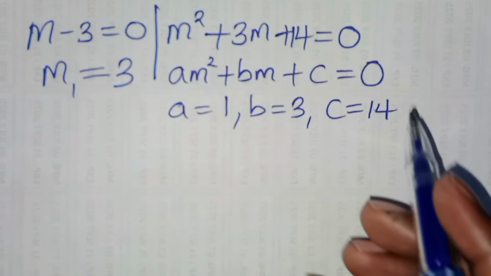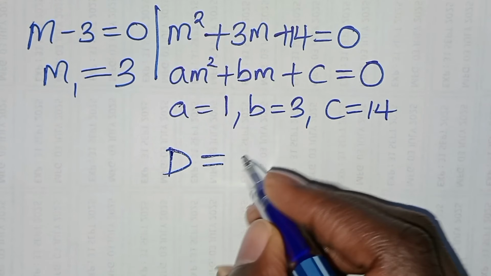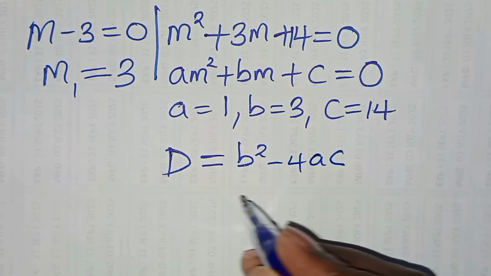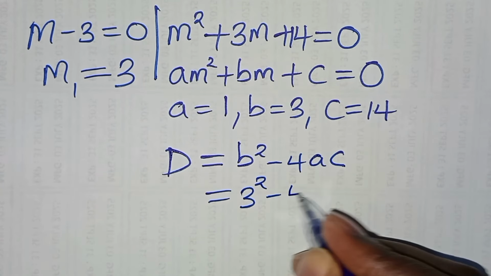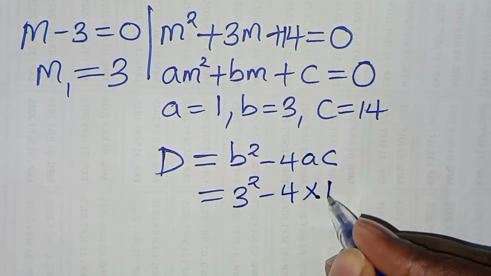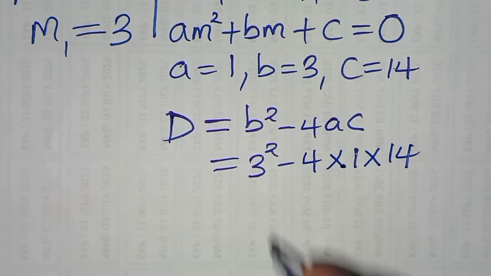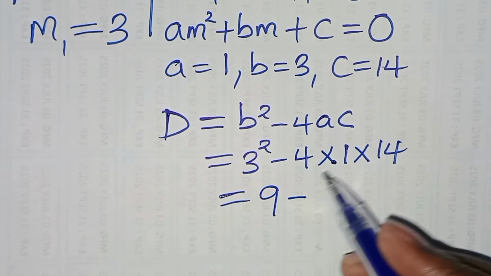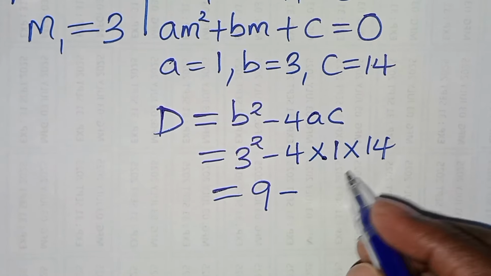So let's take the nature of this quadratic equation by determining the discriminant value, which is b squared minus 4ac. Substituting, this is 3 squared, subtract 4 times a, which is 1, times c, which is 14. So in this case, 3 squared, this is 9, subtract 14 times 4, this is 56.